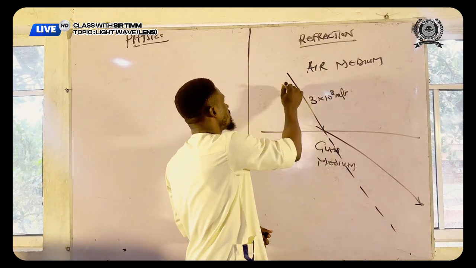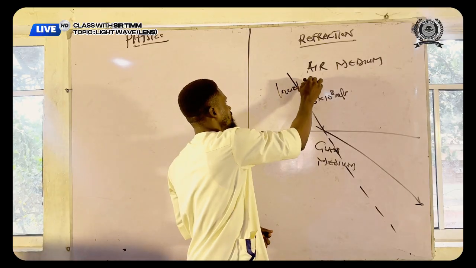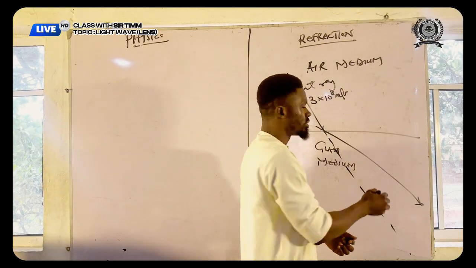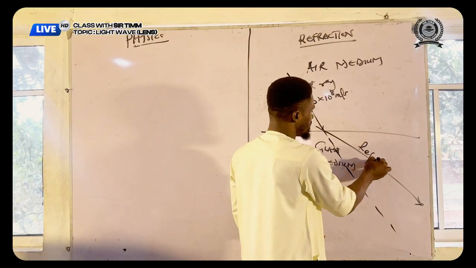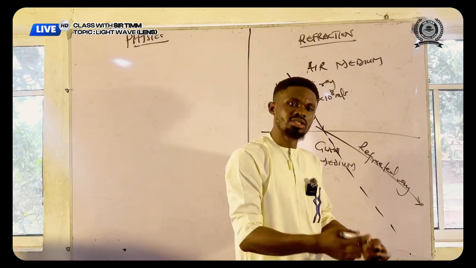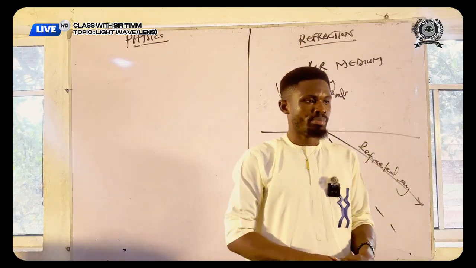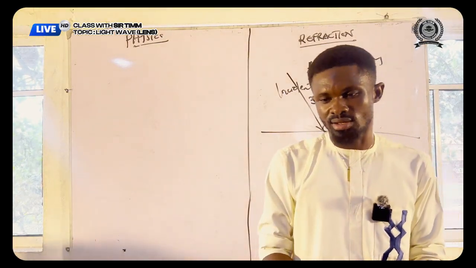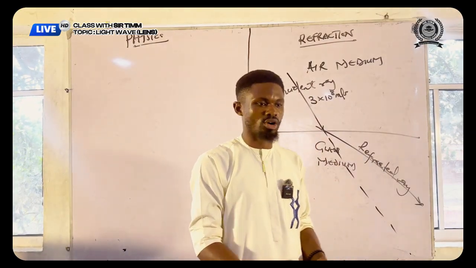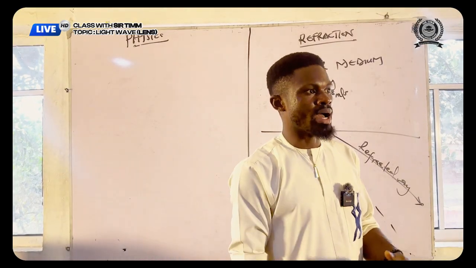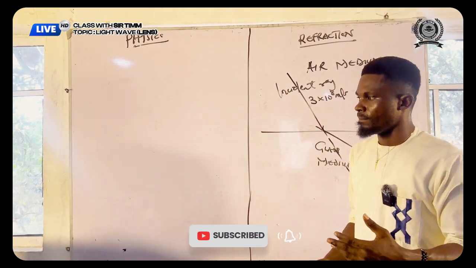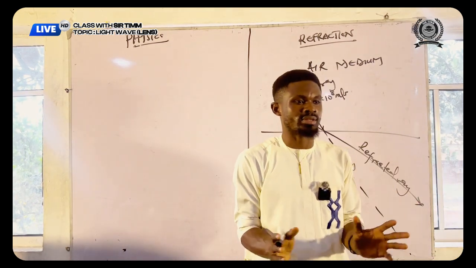So if this is known as the incident ray, then automatically this is not reflection. This is known as the refracted ray. So what is the refraction? It is the change in the direction of light ray, of wave, of vibration as it moves in media of different densities.